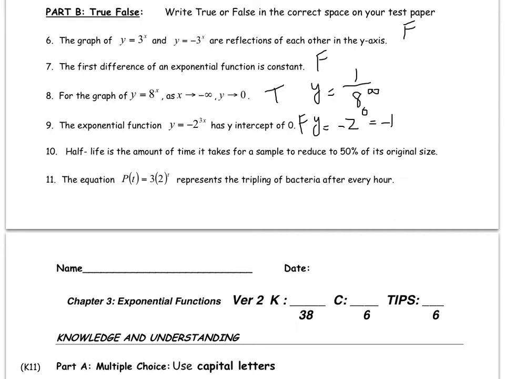For question number 10, half-life is the amount of time it takes for a sample to reduce to 50% of its original size, which is correct, so the answer is true. And the equation P of t equals 3 times 2 exponent t represents tripling, which is incorrect because you can see the base is 2, so this is really a doubling of bacteria. So the answer is false.